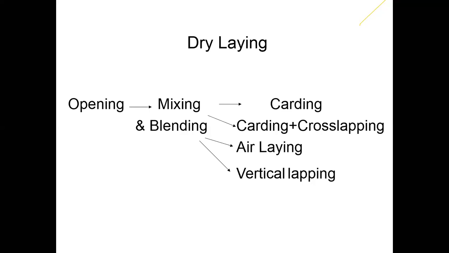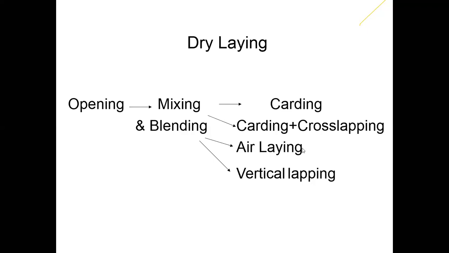With the help of air, we are transporting tufts of fibers from one place to another place. In a similar way, we have the air laying technique where the fibers can be traveled with the help of air, and then we collect all these fibers on a perforated drum. So this is an air laying technique.